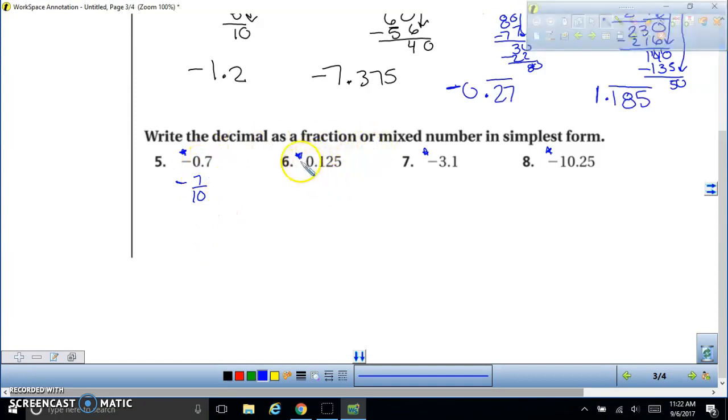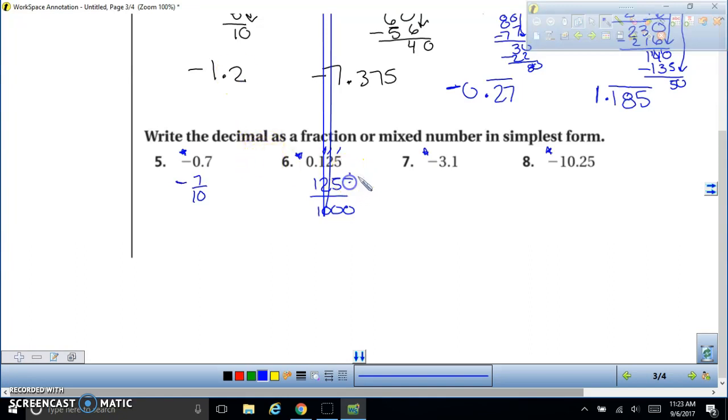This one's going to be positive 125. This is tenths, hundredths, thousandths. 125 over 1,000. This can be reduced by 25s. 125 divided by 25 is 5.